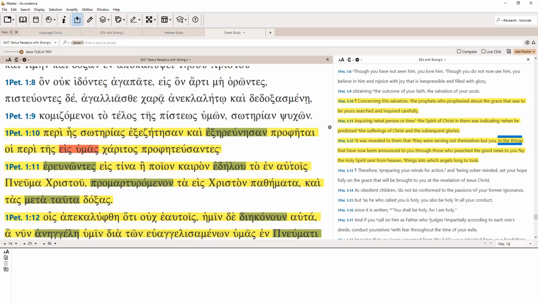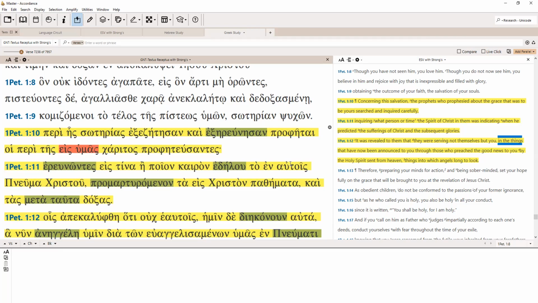And even though it is in the past, it is not in the irrelevant past. Peter is basically fronting the reality of the gospel to them. And he is also saying that this gospel was equally real to the people that came before Christ.